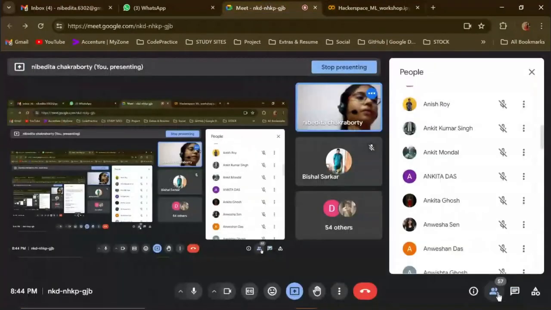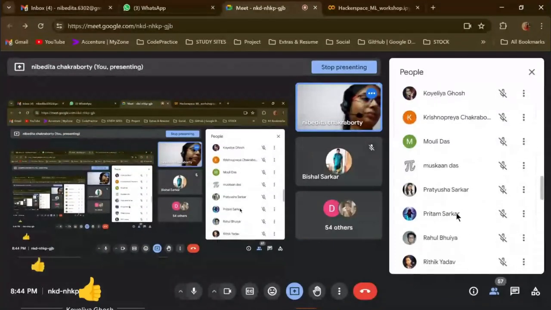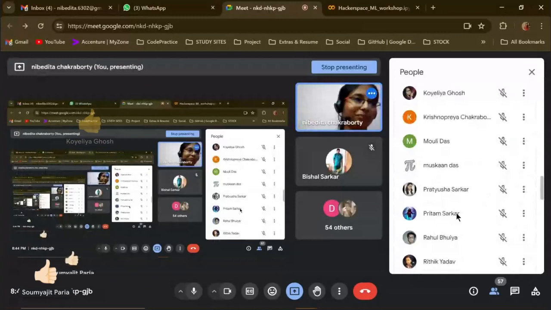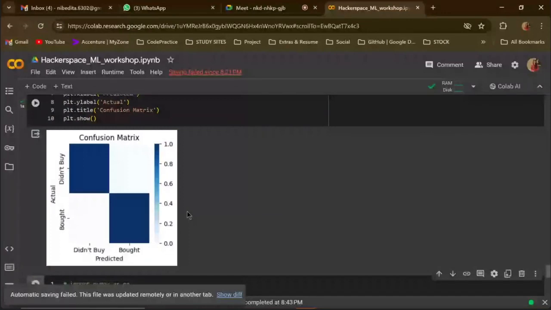Now I'll ask one question. Muskan Das, are you there? Tell me, from this confusion matrix, how many people who actually bought the house were predicted as did not buy the house?